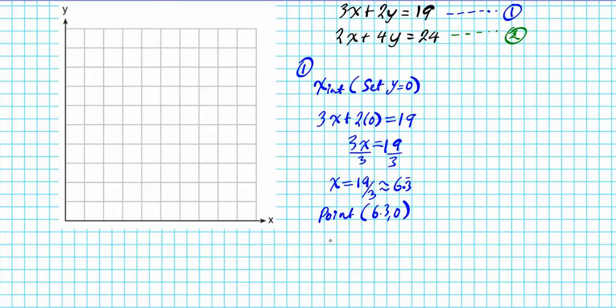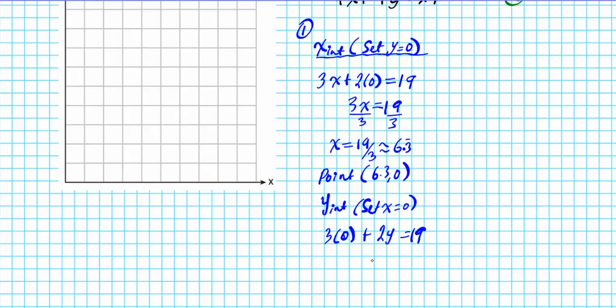We need another point. You need at least 2 points to define a line. So for the y-intercept, you just set x to 0. You go 3 times 0 plus 2y equals 19. That goes to 0, and then you have 2y equals 19.